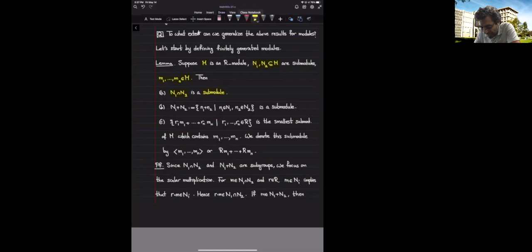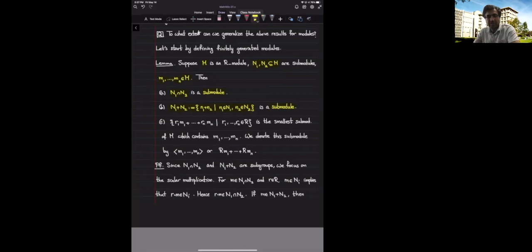We can also add two submodules and end up getting a new submodule. But what does addition mean? Addition simply means that I pick an element from the first one, I pick an element from the second one, and I add them. We have seen the same phenomena when we discussed summation of two ideals.